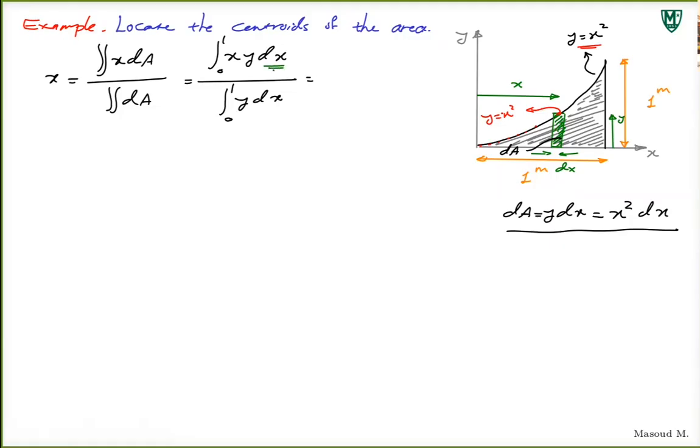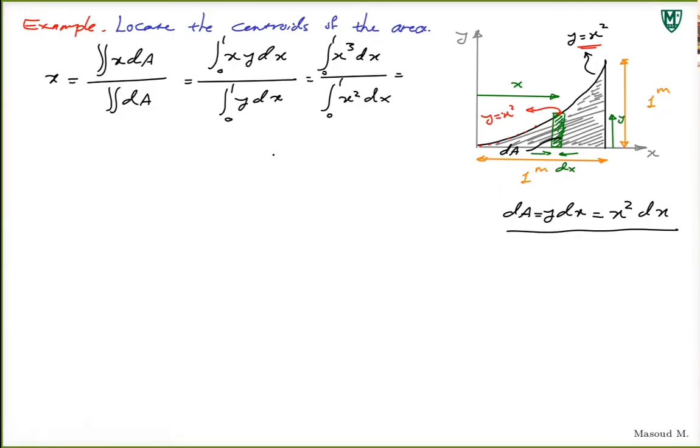Now here we can calculate the integral over x. We have y there, and we have to get rid of that y. Well, we know y is equal to x squared. So this becomes the integral from 0 to 1 of x cubed dx over the integral from 0 to 1 of x squared dx.